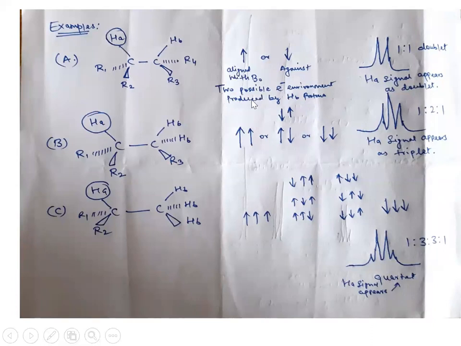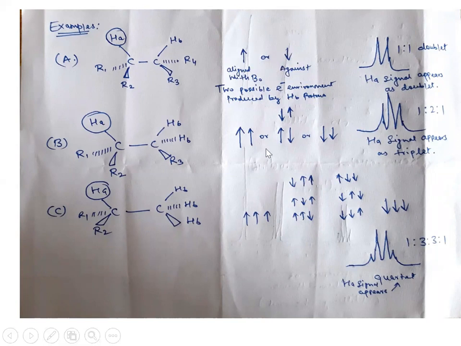Here, there are two possible electronic environments produced by HB protons. HB protons can produce two types of electronic environment. One is aligned with the external magnetic field, we can represent this in this way, or against the external magnetic field. Suppose the direction of the external magnetic field is in the upward direction, then this orientation is aligned with B0 and this orientation is against B0.